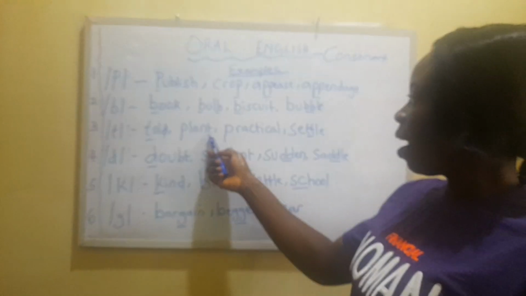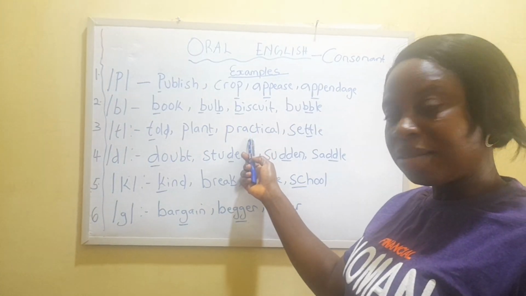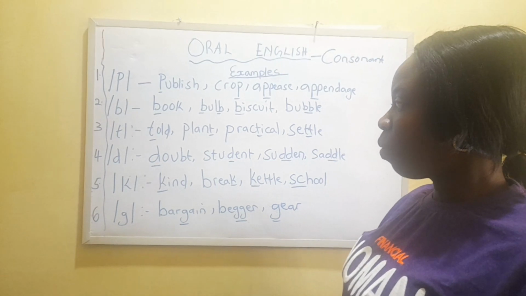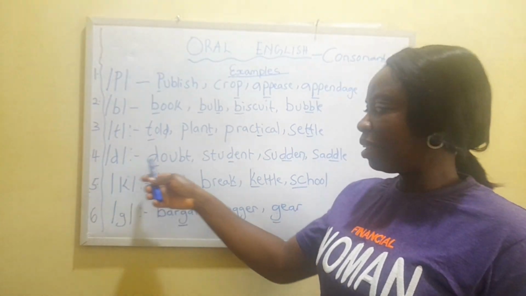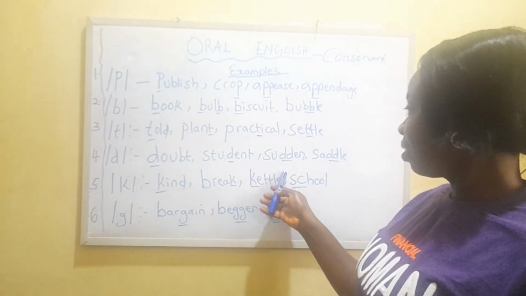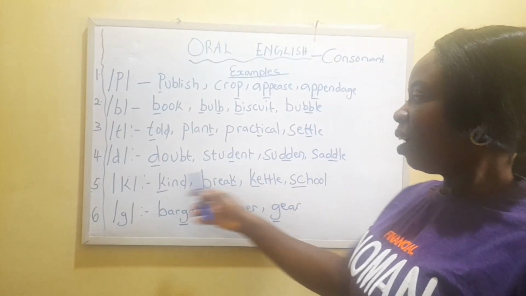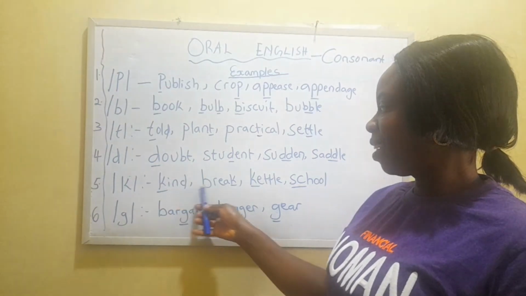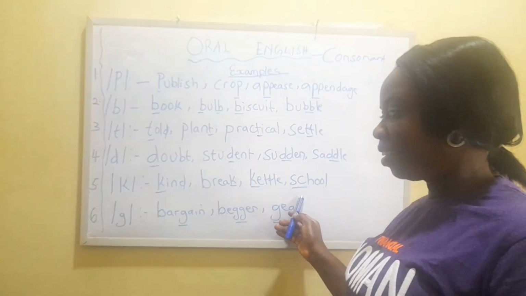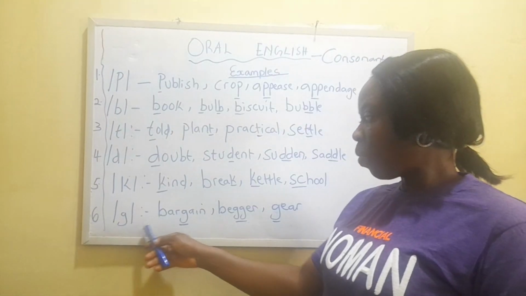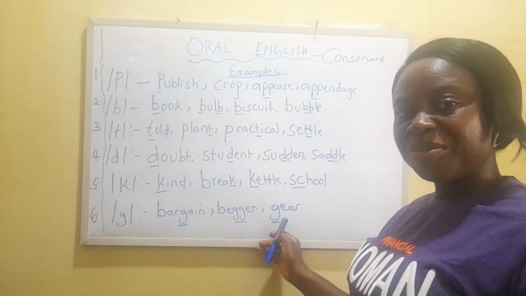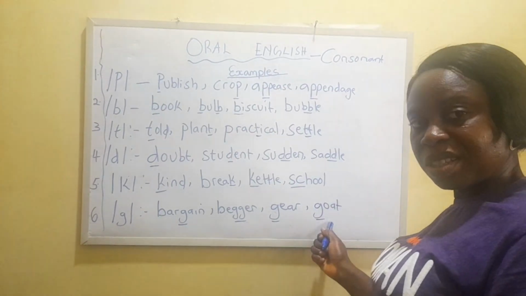Toad, plant, practical, settle. We have doubt, students, sudden, saddle, kind, break, kettle, school. We have bargain, beggar, gear, and goat.